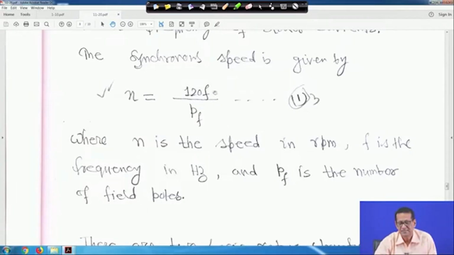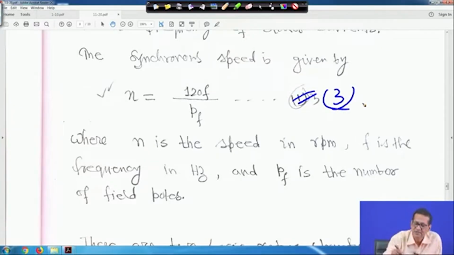So, if f is 50 hertz and pf is 2, it will be 3000 rpm. This is actually equation 3, not 1; I corrected it here, because previously equations 1 and 2 are there, right.